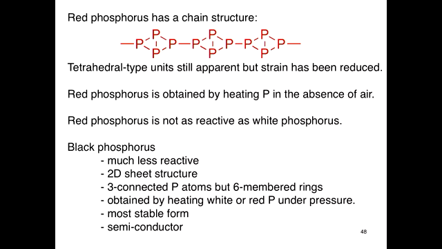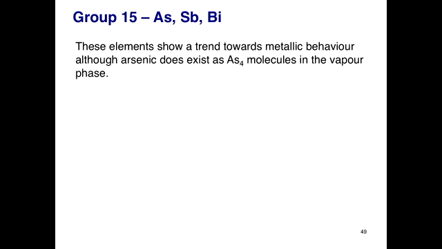Everyone get that? If we go to something like black phosphorus, this is a far less reactive form of phosphorus. It's a two-dimensional sheet and it's a lot more stable. Doesn't tend to react. If we go down the group 15 elements, to something like arsenic, arsenic can exist like white phosphorus as As4 units, but the general trend is, as we go down from nitrogen, phosphorus, arsenic, antimony and bismuth, that we move towards metallic character.